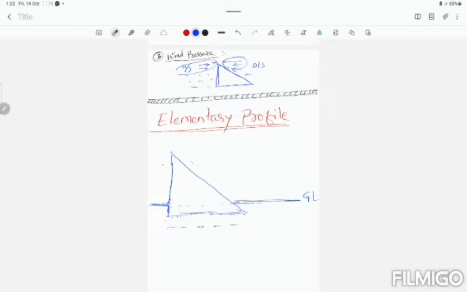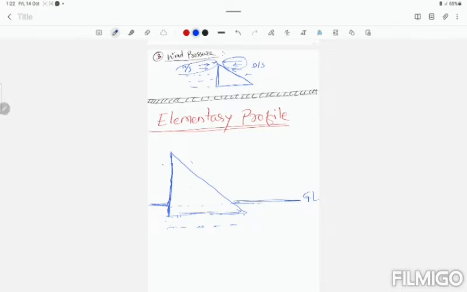We will study the theoretical profile of the dam. The elementary profile is also known as the theoretical profile of the dam. A theoretical profile of a solid dam is an imaginary section having only the shape of the dam, and according to that shape we will study the whole geometry of the section.